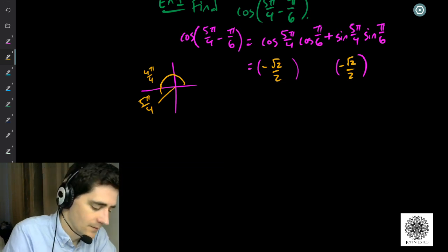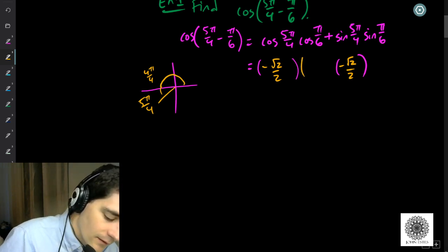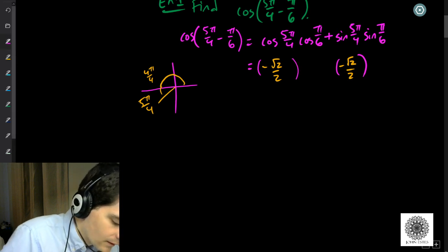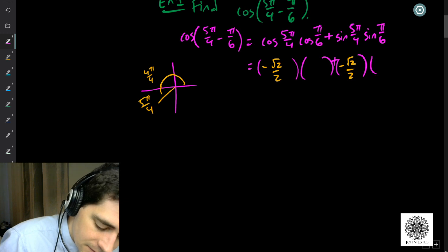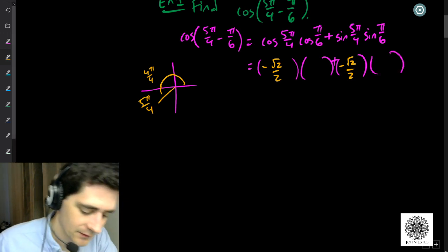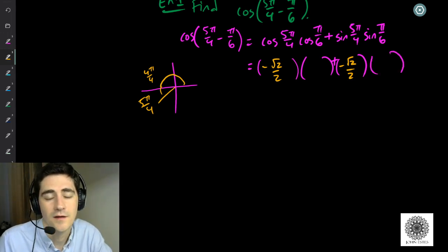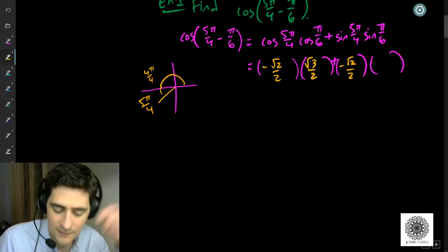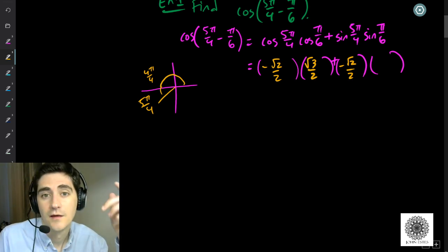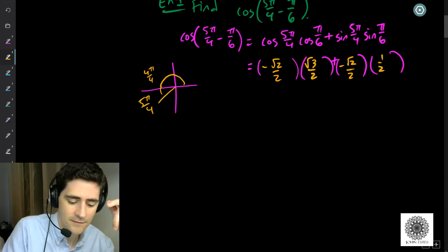Now, for pi over 6, we have to say, let's see, cosine of pi over 6, this is just memory work, is square root of 3 over 2. And sine of pi over 6, if you remember, is 1/2.